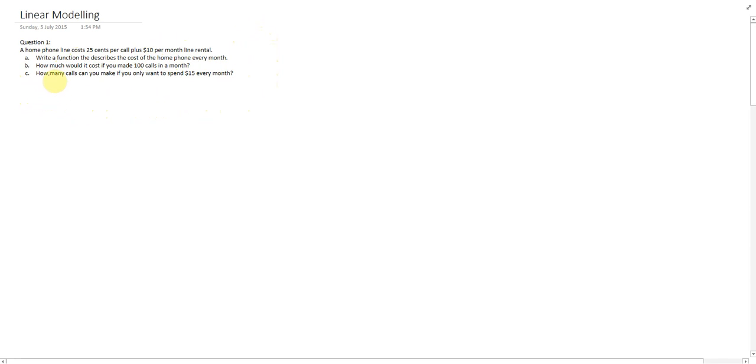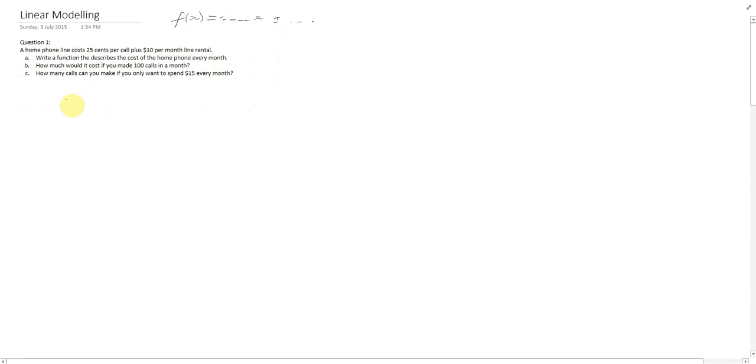Okay, so what they're really looking for is some sort of function. Remember, functions are like f of x equals something or other in terms of x, maybe plus or minus something or other, every month. So we need to come up with some symbols.